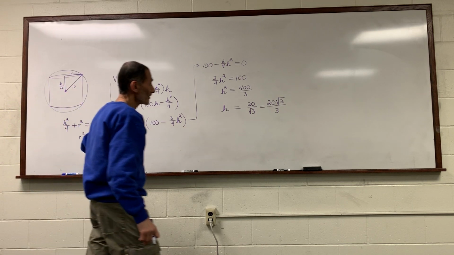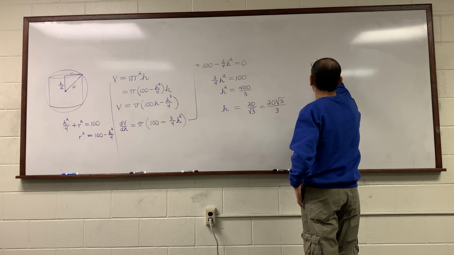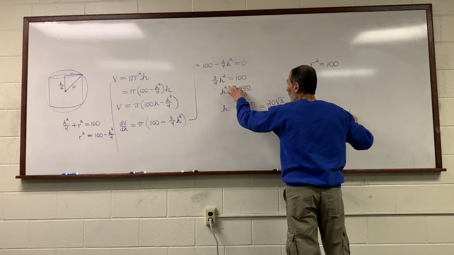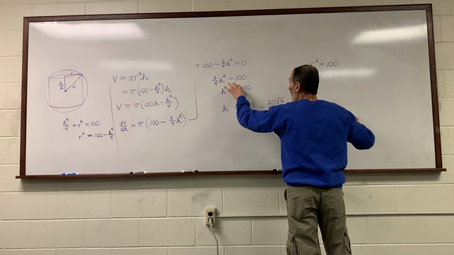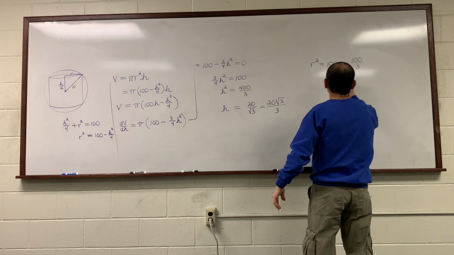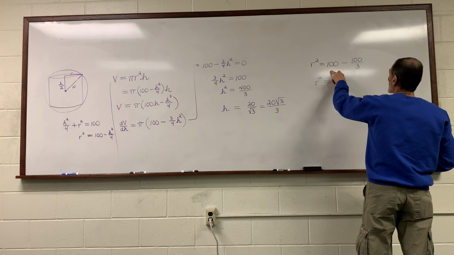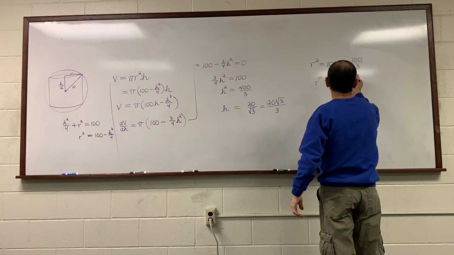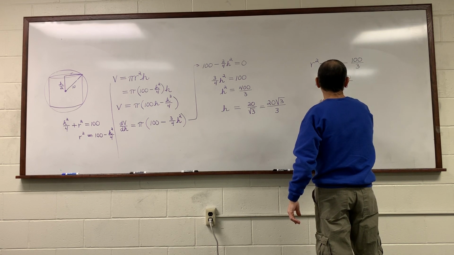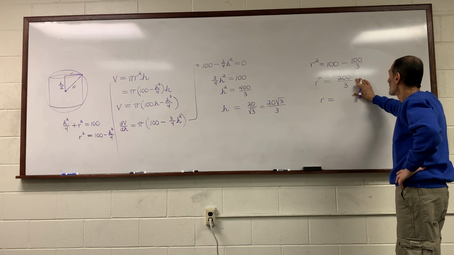R squared equals 100 minus h squared over 4. All right? R squared equals 100 minus h squared over 4. If h squared is 400 over 3, h squared over 4 is 100 over 3. So R squared equals, 100 is 300 over 3, so R squared is 200 over 3. R equals, well, let's see.